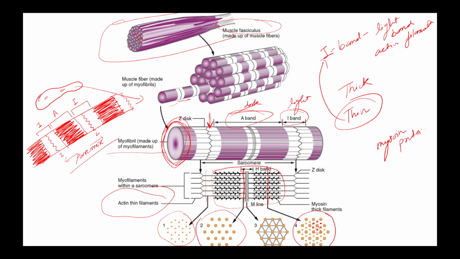Along with the connective tissue, around these myofilaments or myofibrils, we have the endoplasmic reticulum covering in these kinds of cells. So these myofibrils are surrounded with the endoplasmic reticulum.